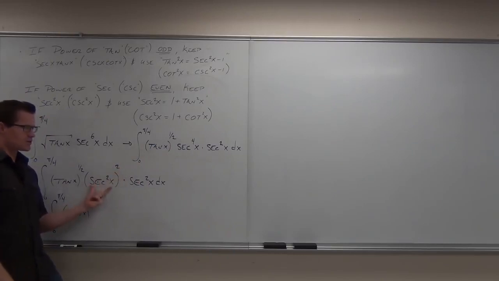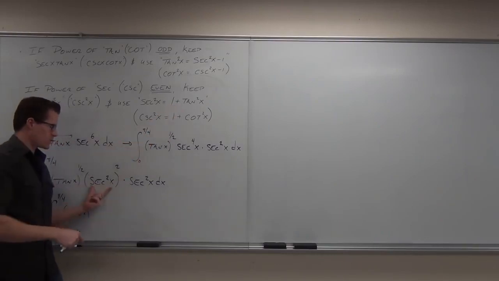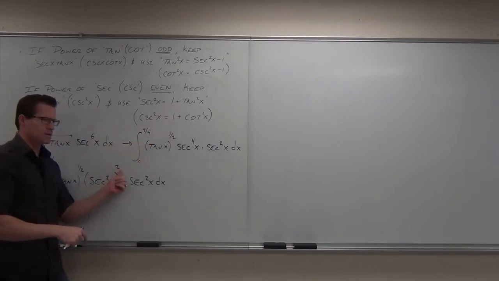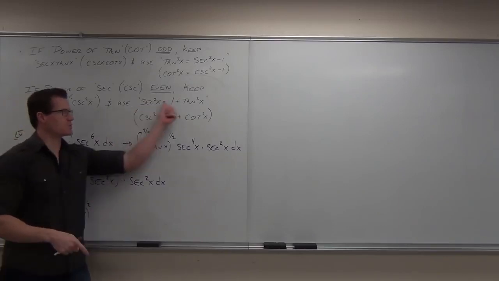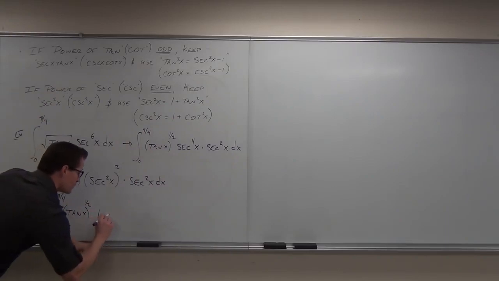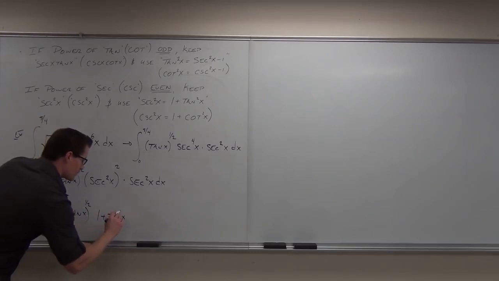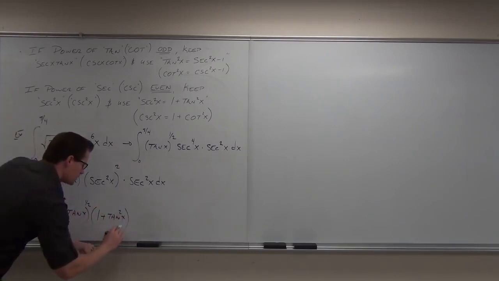It's our secant squared, which we want, because we're going to do that change here. We're going to use this identity, and it's still raised to some power. That's fine, we can deal with that. But I had to have a secant squared to be able to do this, to change everything into tangent. So this becomes 1 plus tangent squared x, all of it squared.